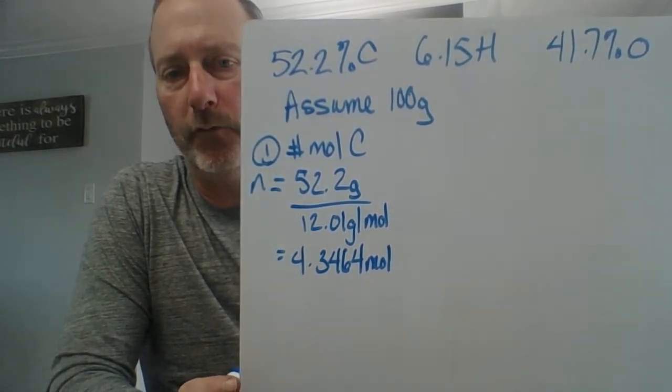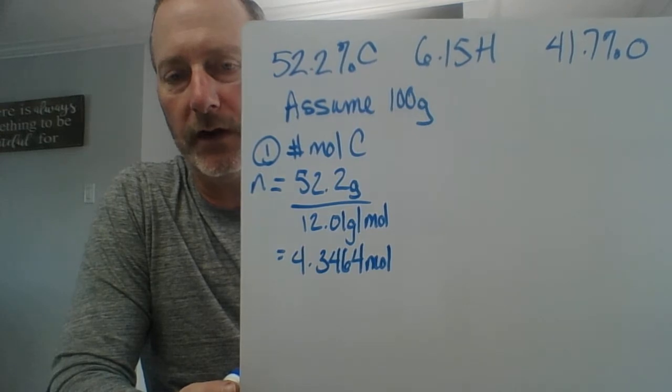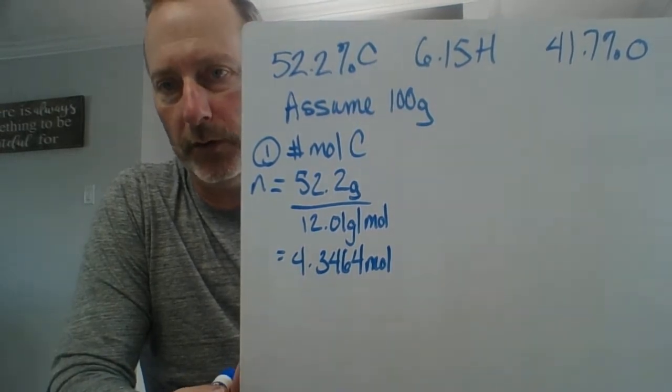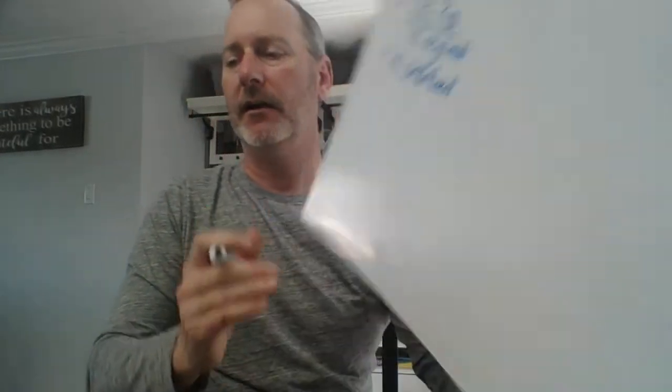If you just make it 4.3 and cut the 464 off, that's going to make you further from a whole number when we get to the end. So we want to keep that together. Remember, it's only at the end of a question that our significant digits is something we have to make sure we have correct.